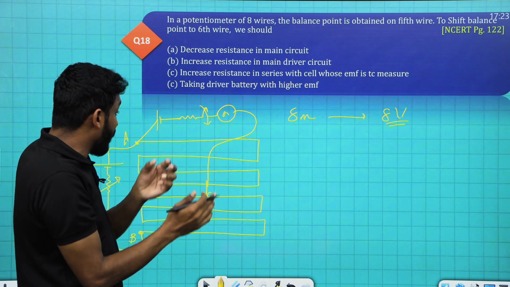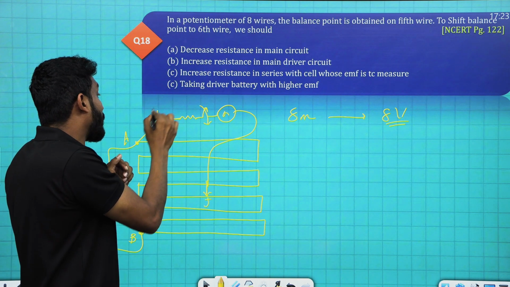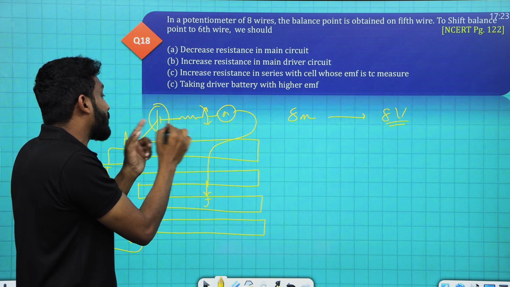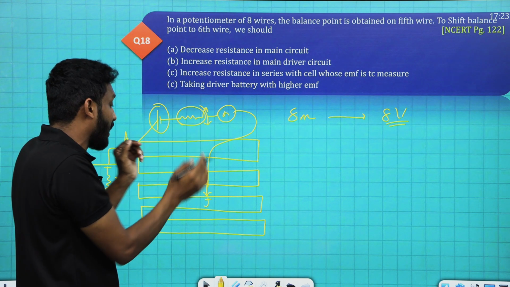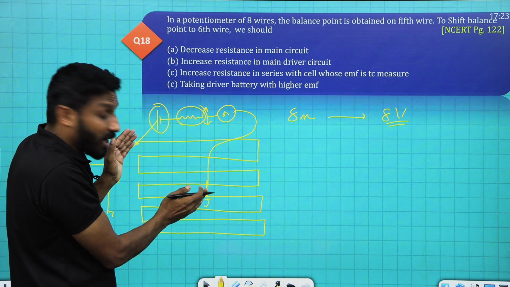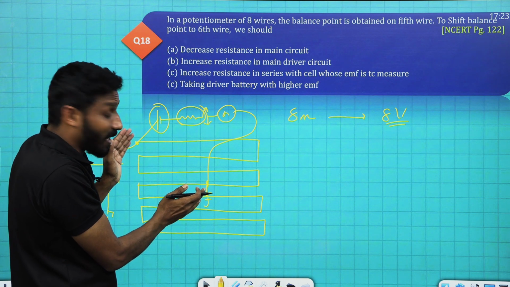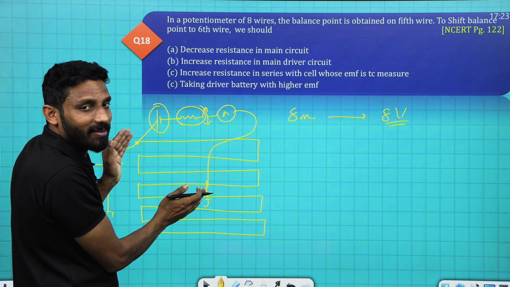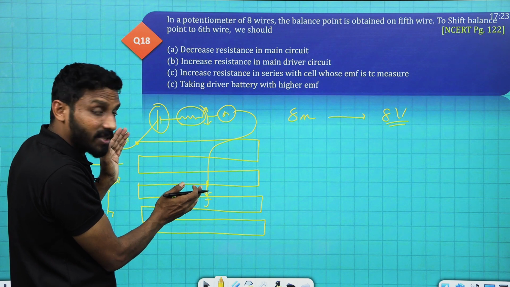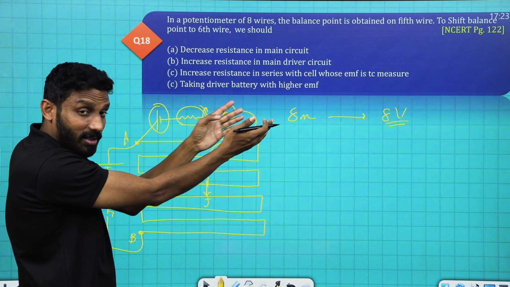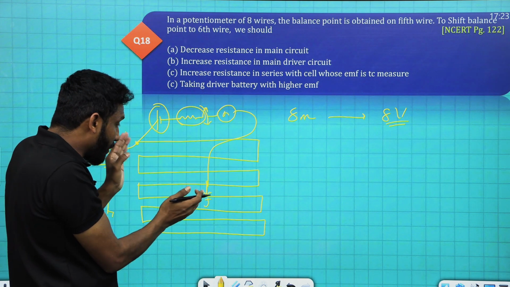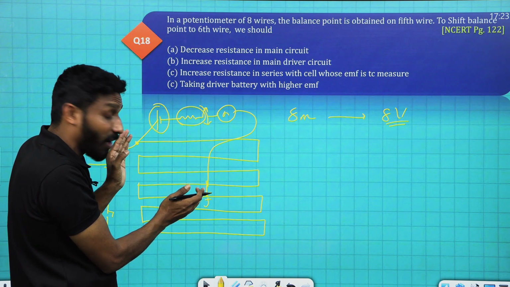what does it mean? It means that here, the total potential difference of the cell and this resistor is the potential difference corresponding to 5.5 meter. How much is the potential difference corresponding to 1 meter? As per this, it is 1 volt. Then what will be the potential difference corresponding to 5.5 meter?